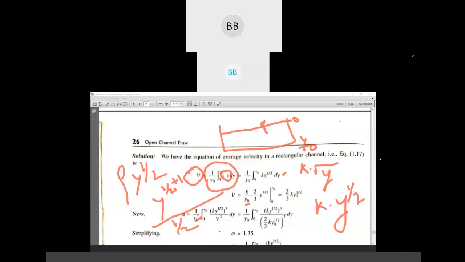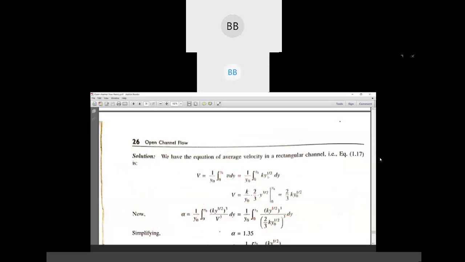So what will be y to the power 3 by 2 divided by 3 by 2. If you bring this out, it will be the reverse, 2 by 3. Understood now?